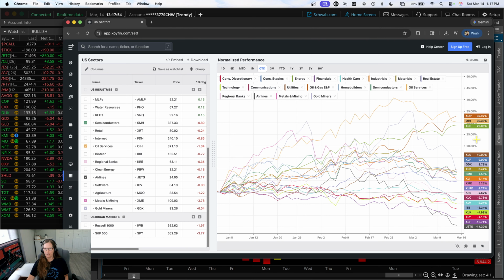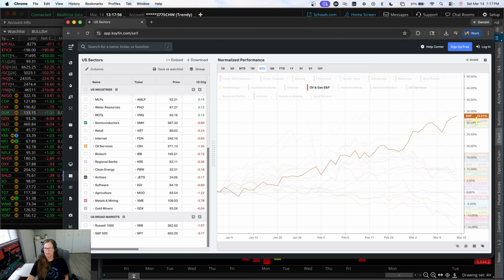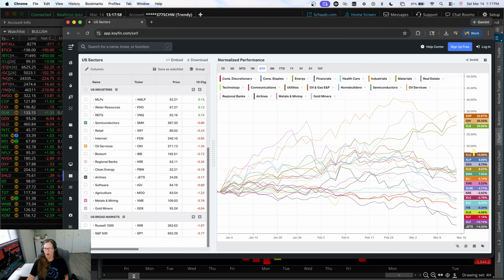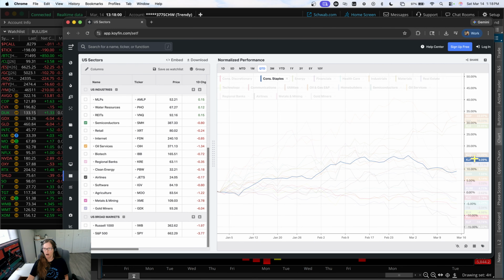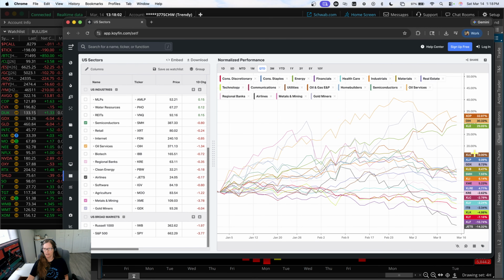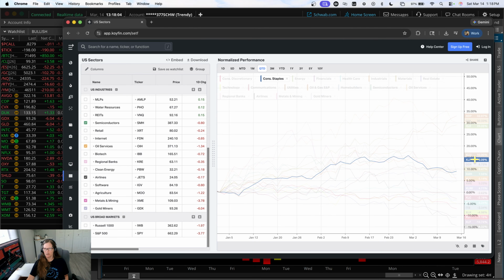And if you notice, the areas that you see here at the top are more risk off areas of the market. Utilities, consumer staples, think of things that customers are going to buy regardless of the economic environment, like toilet paper, for instance, or Coca-Cola and cigarettes.